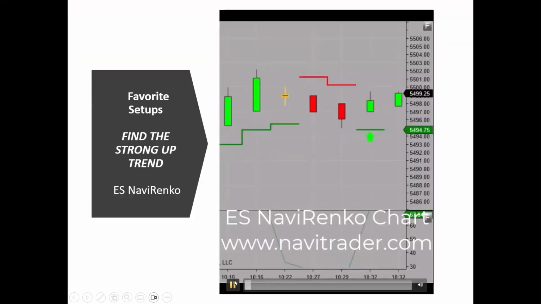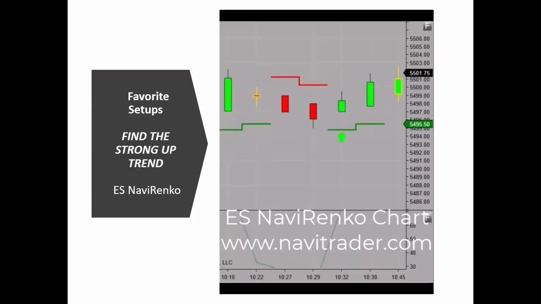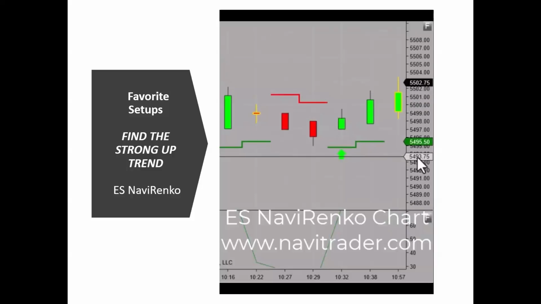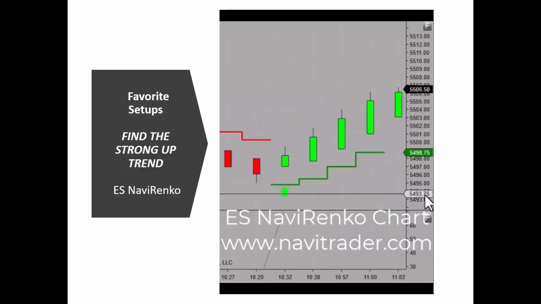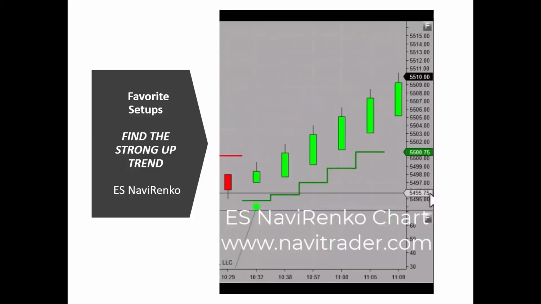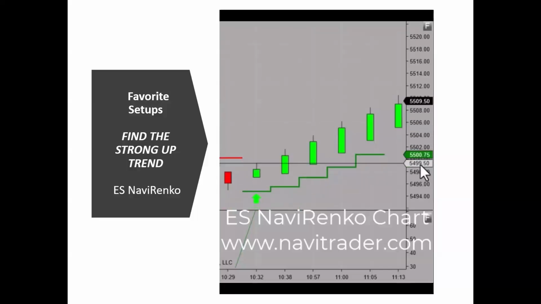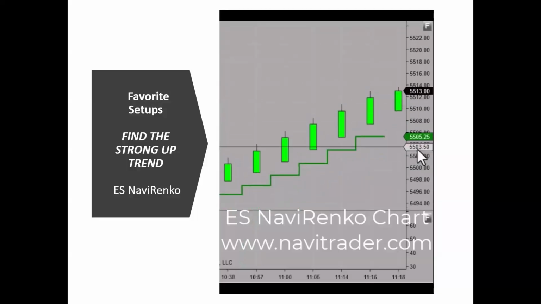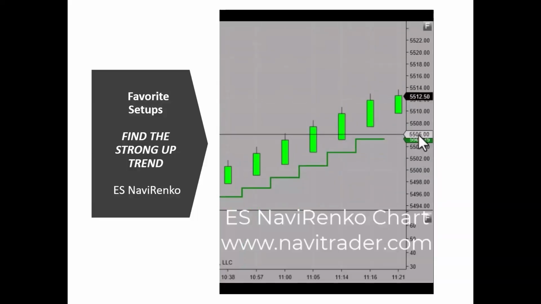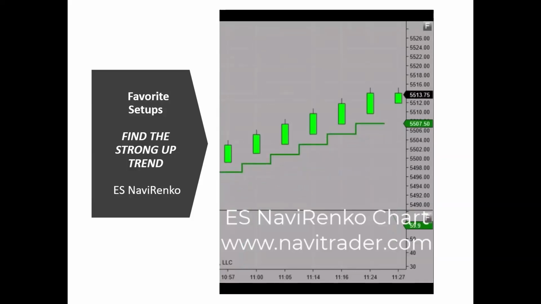All right, so again, here's a chart where we had a buy signal on this NaviRenko chart. Okay, so buy signal, this is on the E-mini. And here you can see we're moving higher. The green line we can use as a trailing stop. Now, typically when I get into a trade too, I'm going to use a fixed stop.